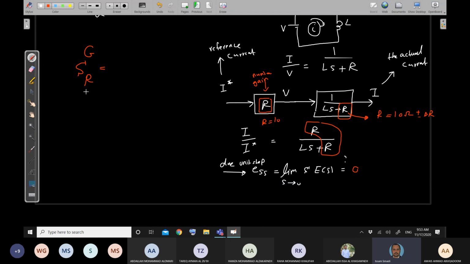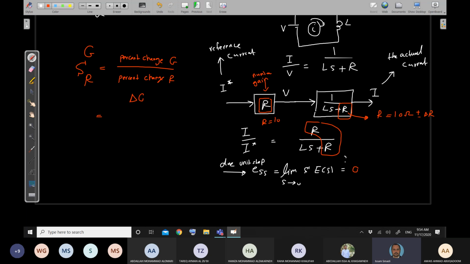I can define this as the ratio of the percent change in G to the percent change in R. So simply this means delta G over G, over delta R over R.